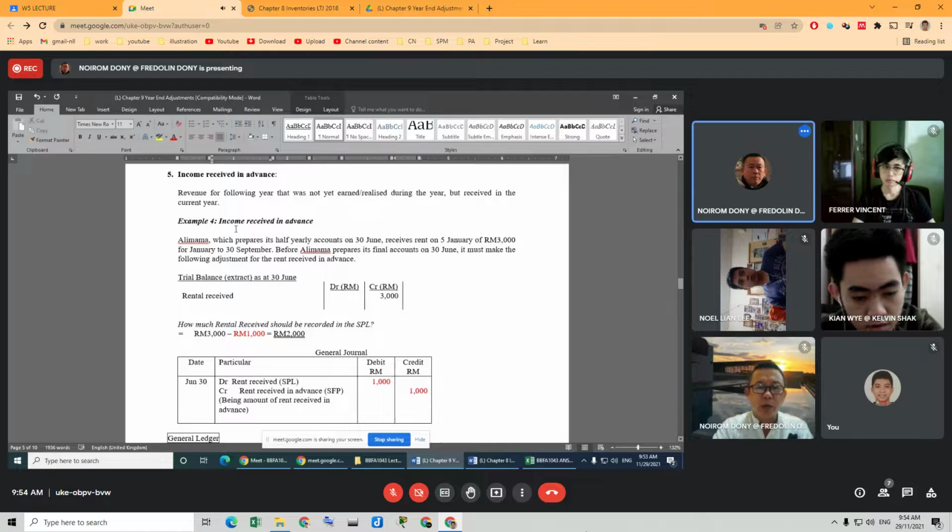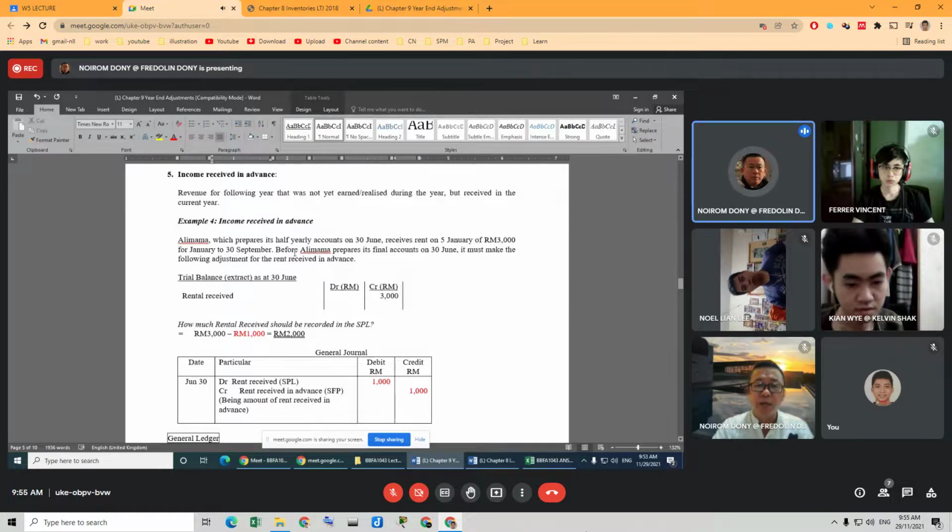That's why, look at this example 4: Alibaba prepared its half-yearly account on 30th of June. Half-yearly means for 6 months. It received rent from January to 30th of September. So we are in January to 30th of June, but we are receiving in advance the rental receipt from July, August, and September, so 3 months.